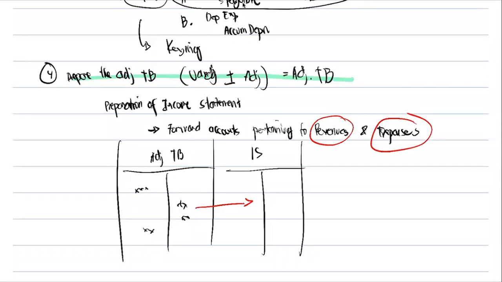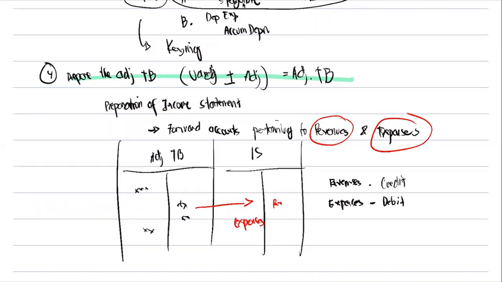So we place from your adjusted trial balance items of revenues and expenses on the income statement, okay? So of course, your revenues are placed in the credit, sorry. Your revenues are placed in the credit and your expenses are placed in the debit, okay?